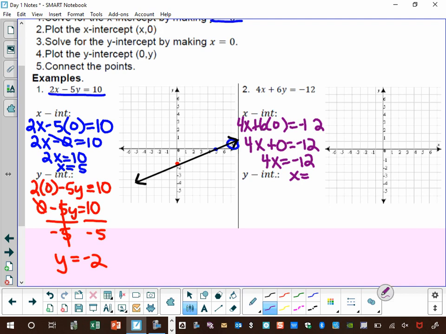Anybody? 4x is equal to negative 12. How do I solve that? Divide by 4. So what is x going to equal? Negative 3.